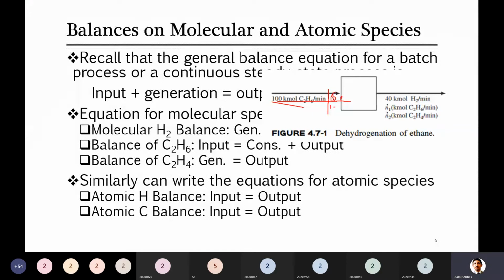Sorry, not 6, because it is C2. So when I write 1 mole of C2H6, it gives me 2 moles of carbon. This mole of C2H6 will cancel with that mole of C2H6 and you are left with moles of carbon. So 2 multiplied by 100, you will get moles of carbon at the inlet. And similarly at outlet, you have to look for these. For example, in how many components does carbon exist?